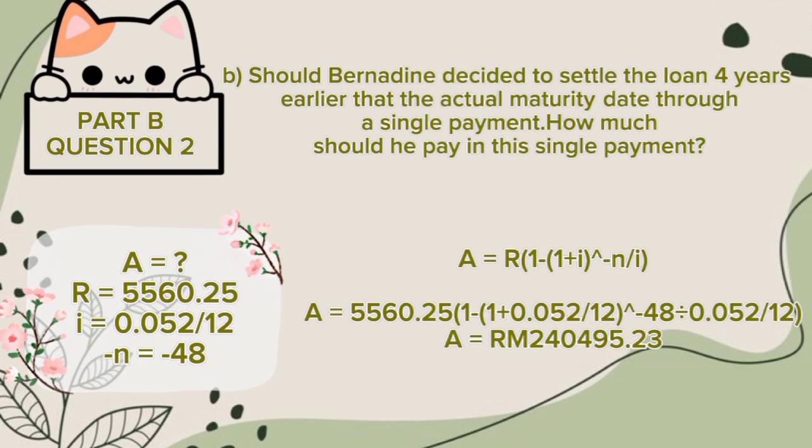We start this question with A equals 5,560.25 times 1 minus open bracket 1 plus 0.052 over 12 close bracket to the power of negative 48 divided by 0.052 over 12. The total of A is equal to 240,495 ringgit and 23 cents.